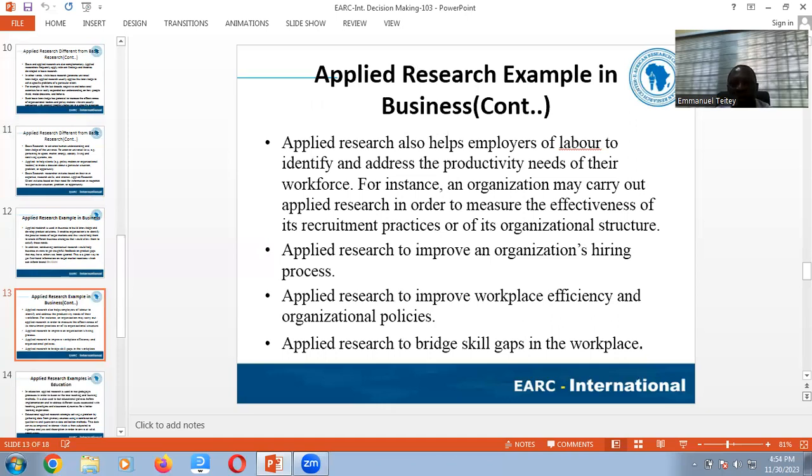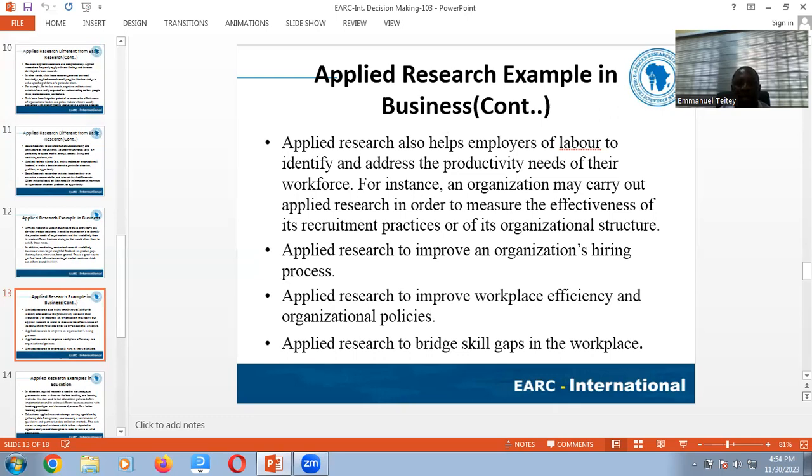Continuing, applied research examples in business. Applied research also helps employers of labor to identify and address the productive needs of their workforce. For instance, an organization may carry out applied research in order to measure the efficiency of its recruitment practices or its organizational structure.